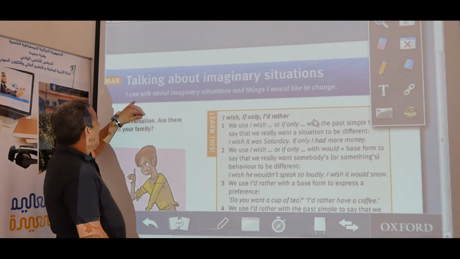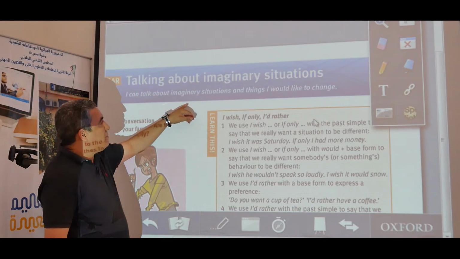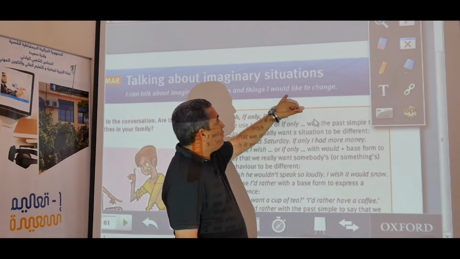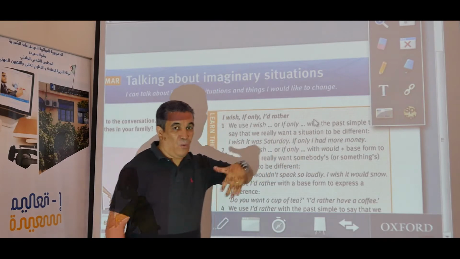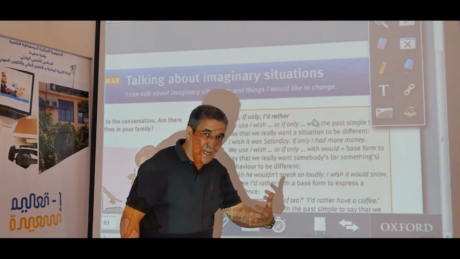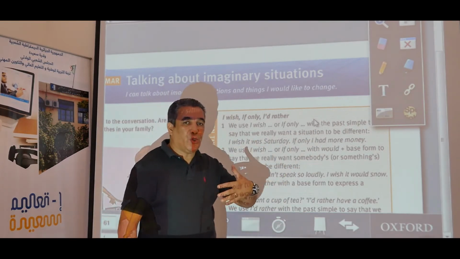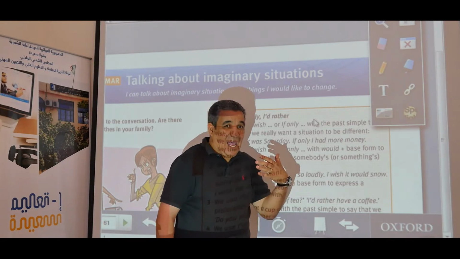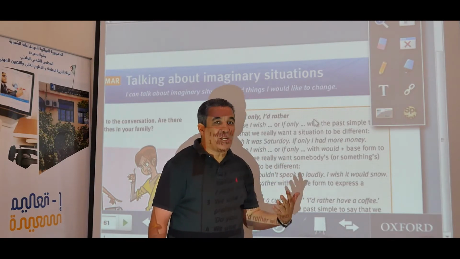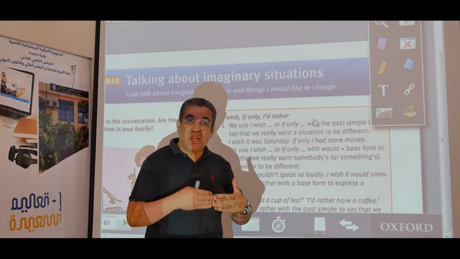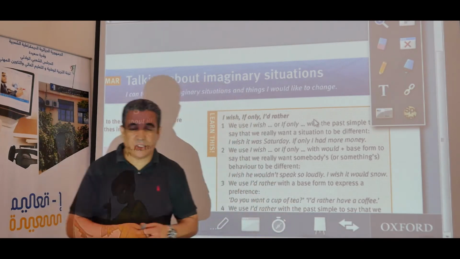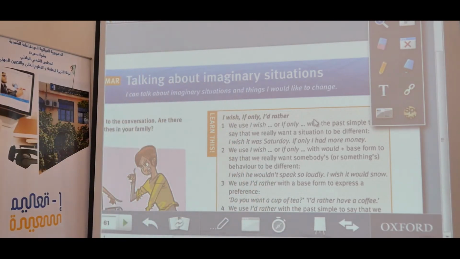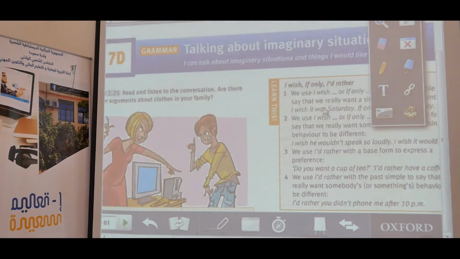Now look, I can talk about imaginary situations and things I would like to change. So, by the end of this grammar lesson, you will be able to talk about unlikely or imaginary situations and things you would like to change.